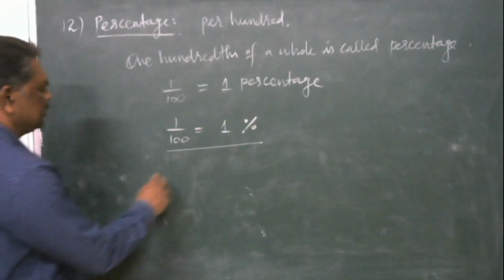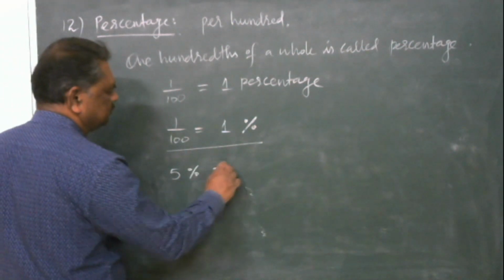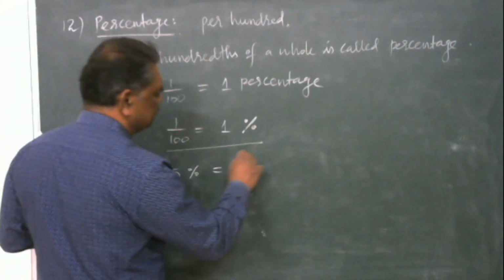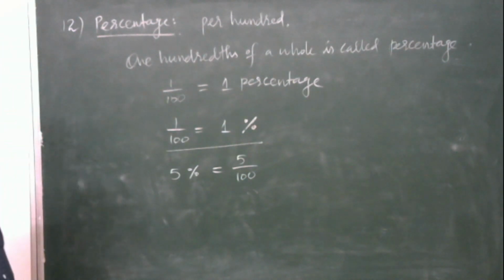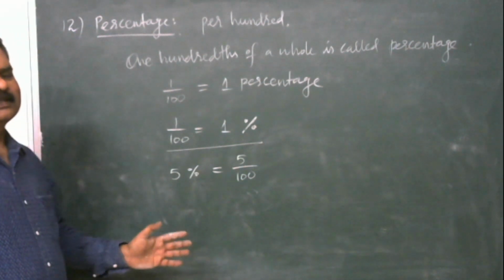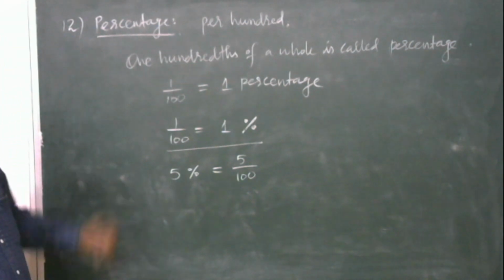What is 5%? It is 5/100. 1/100th of a whole is 1%, and 5/100 means 5%.